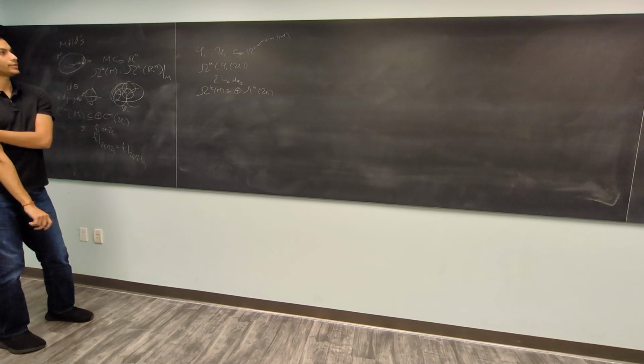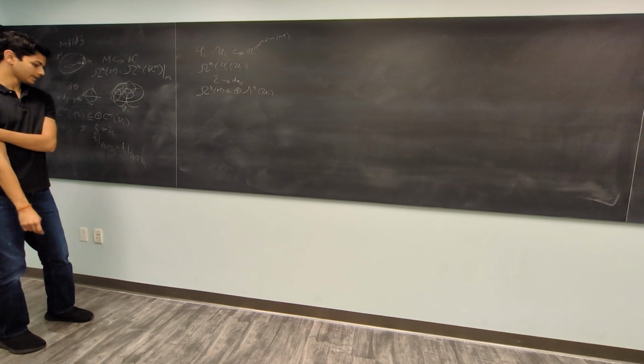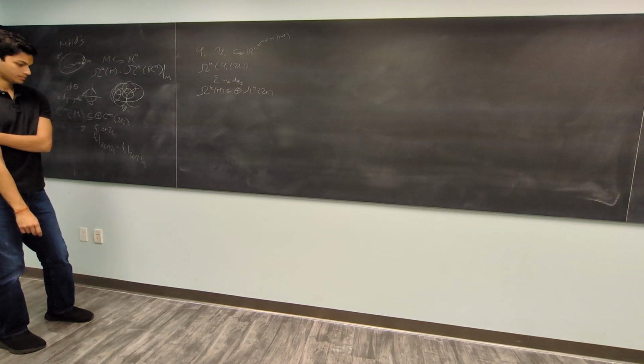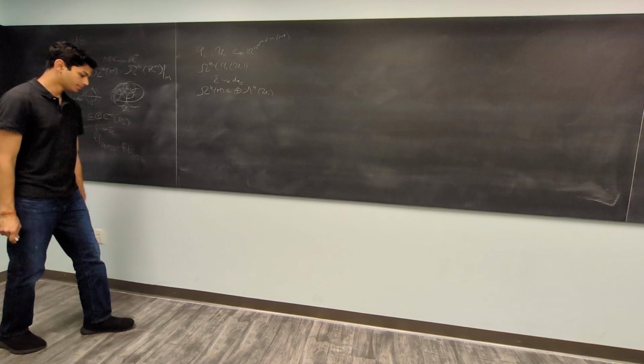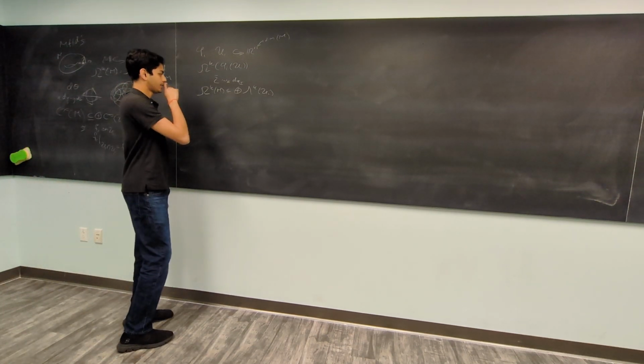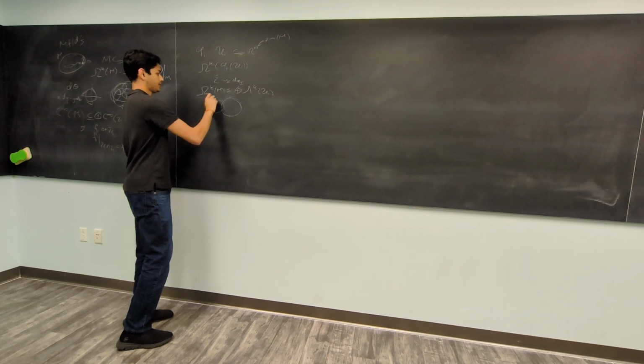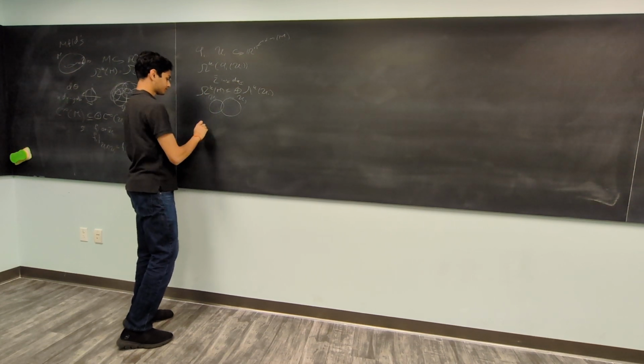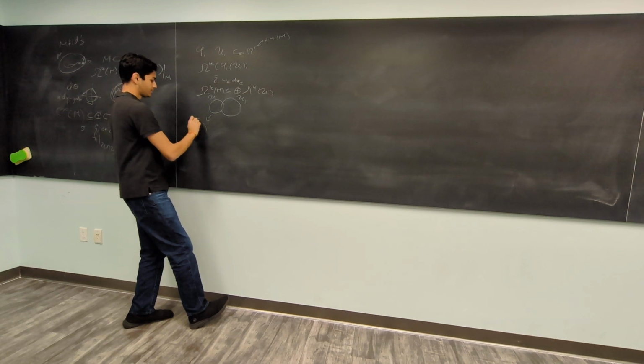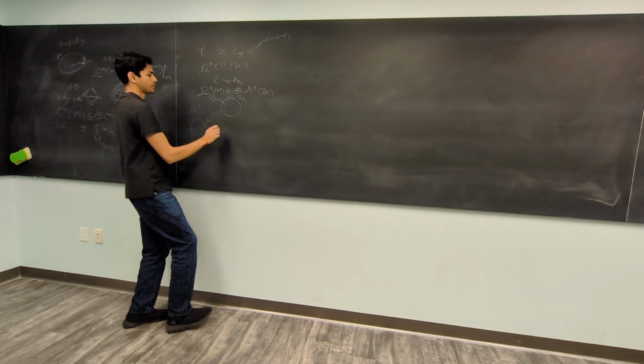So the question is, what does it mean for things to agree? For this, we're going to need to talk about pullbacks and whatnot. So you have two sets, U_i and U_j, and this gets mapped to something in R^2, for example.